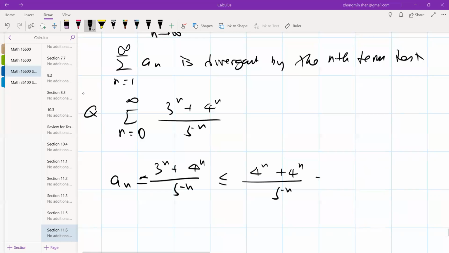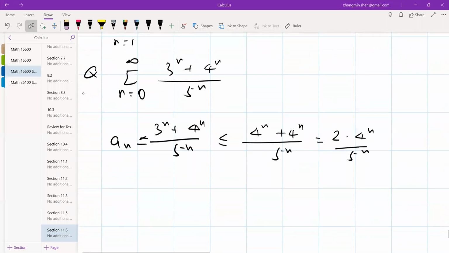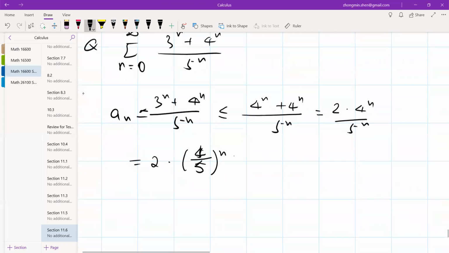And that's going to be twice 4 to the n over 5 to the n. So now it's 2 times 4 over 5 to the power n. So that is my b_n.